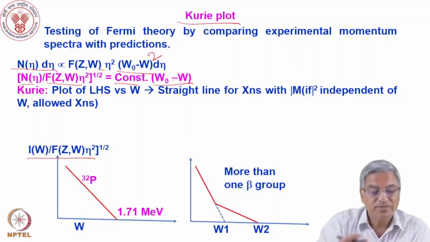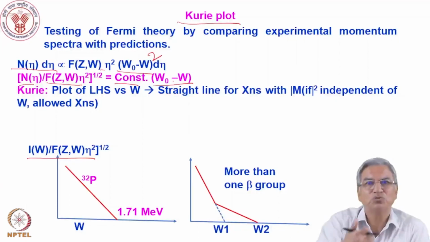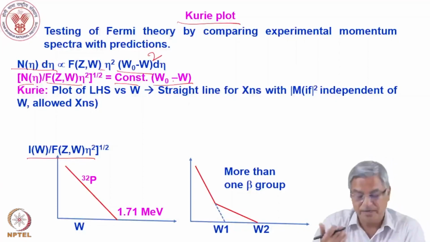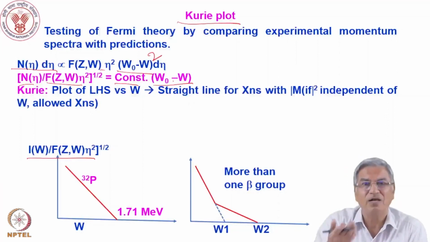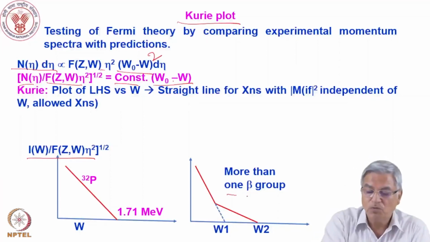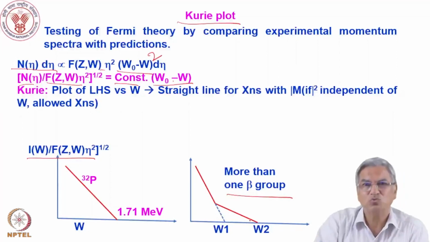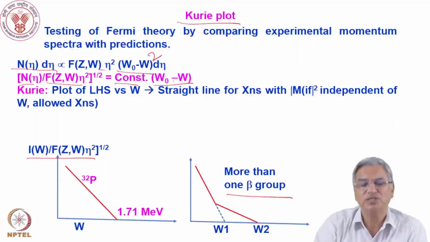And very nicely, these Curie plots were used to identify whether there is a monoenergetic, single beta or multiple beta particles. If there are more than one beta group, then you have two linear paths. If there are more than two, you have three linear paths and so on.